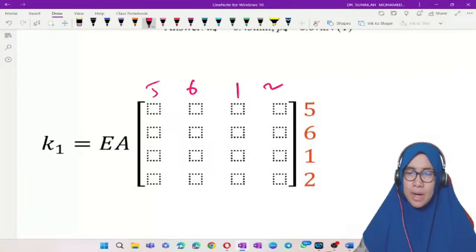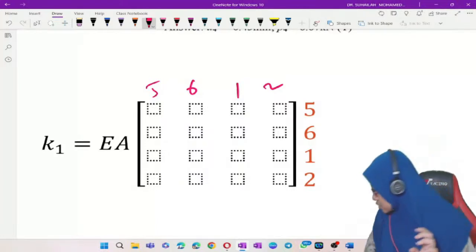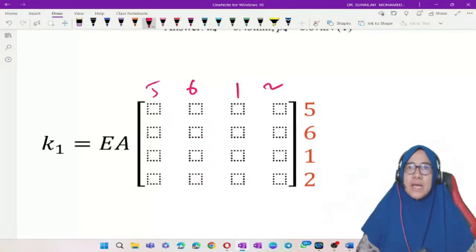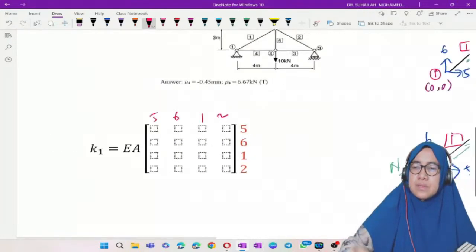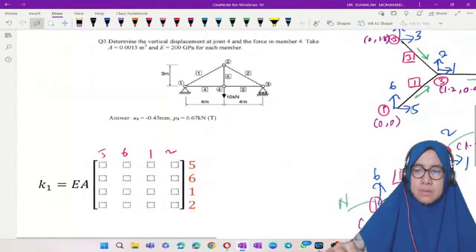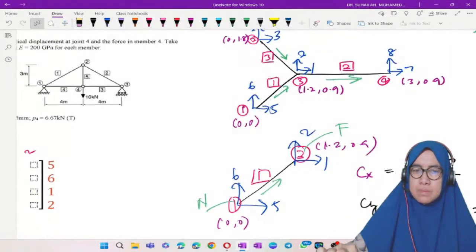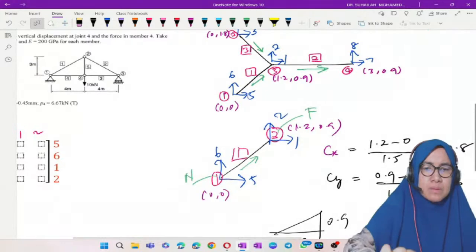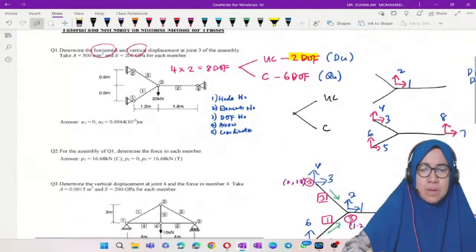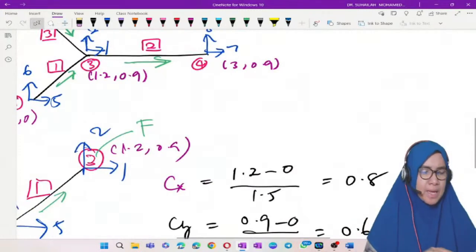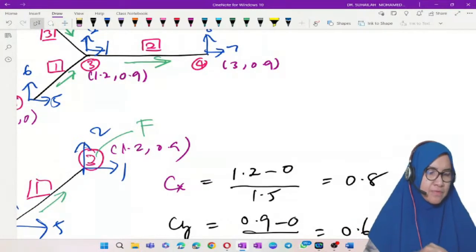The value in K1 is Cx square divided by L. Cx is 0.8, so Cx square is 0.8 square, divided by length 1.5.